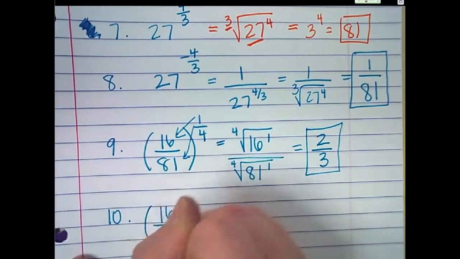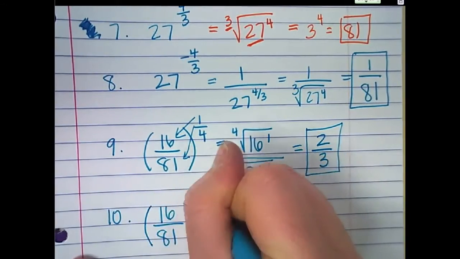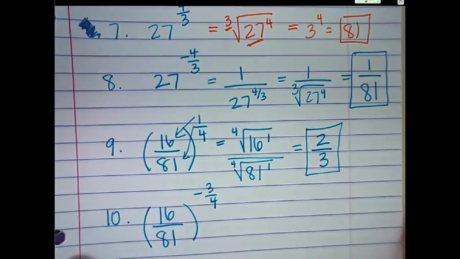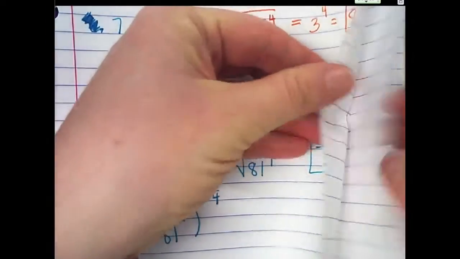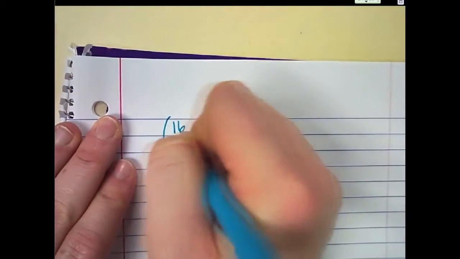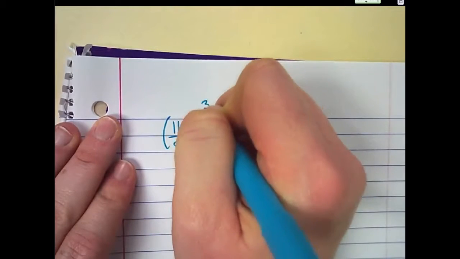Okay, number 10, 16 over 81 to the negative 3/4 power. So if it's a negative exponent, I don't have a single number, I have a fraction.